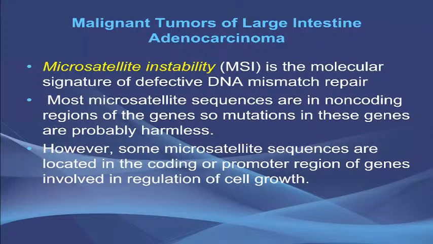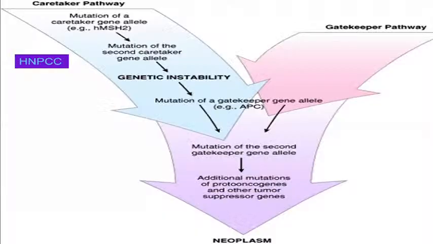Where microsatellite sequences are located in certain places, and something goes wrong and there is no repair, you end up with instabilities that lead to mutations that are associated with malignancies.